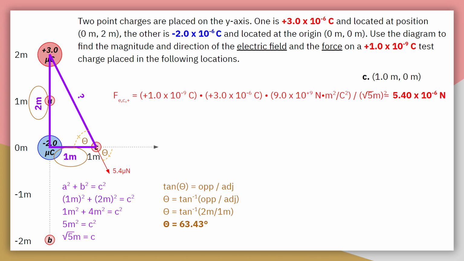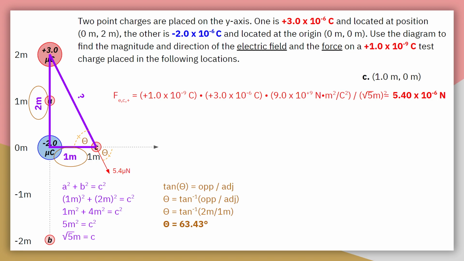Calculators also have the inverse tangent function, which gives us the number of degrees that would result. In this case, the angle we're solving for would be 63.43 degrees. That is going to be the angle that results between the original force and our x-axis.